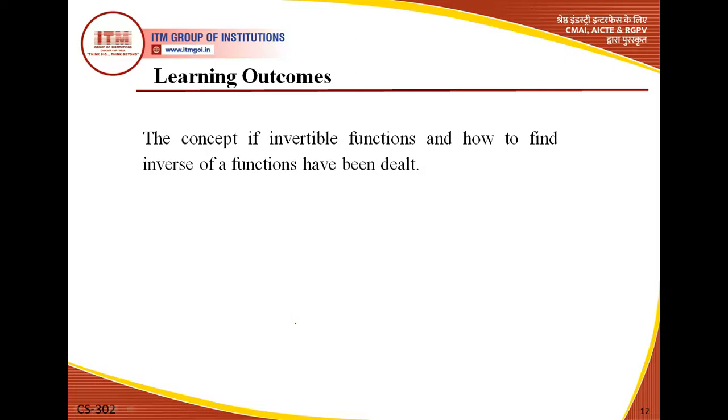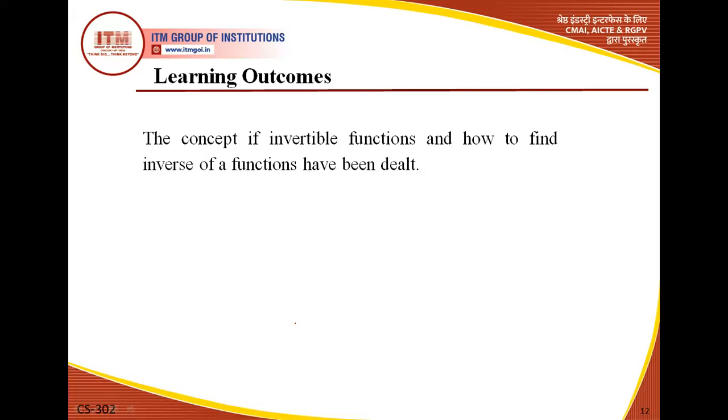If the function is one-one and onto, then we say that function is bijective or invertible. And if a function is invertible, then it would have an inverse, which would be some other function.